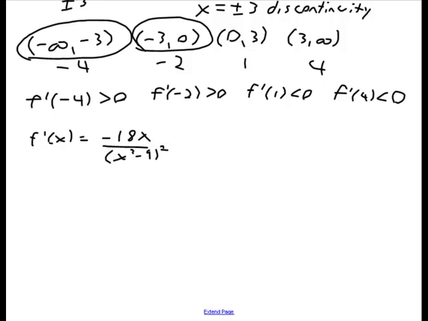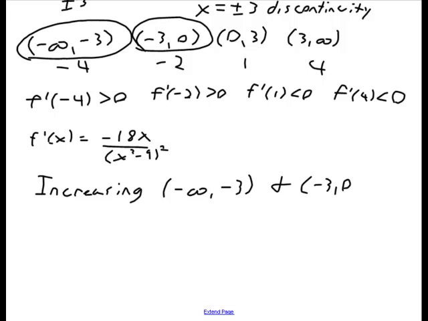So to answer the question, we'll say that it's increasing on our intervals that had positive derivatives, which will be negative infinity to negative 3 and negative 3 to 0. And it's decreasing on the intervals where our derivative was negative, which was 0 to 3 and from 3 to infinity.